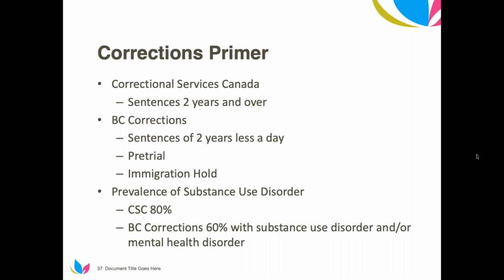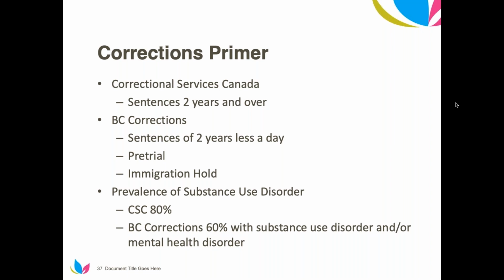Correctional Services Canada. And just to give you a little bit of a primer of corrections, as I said, there's two services within Canada. One is Correctional Services Canada, which is a federal agency, and it's for anybody who's sentenced more than 2 years would go to a federal institution.